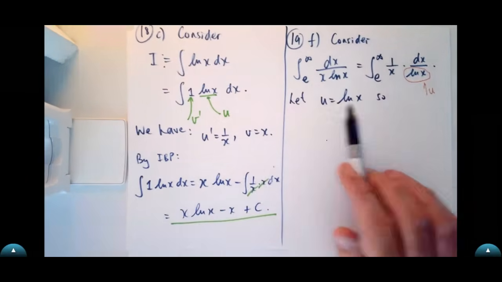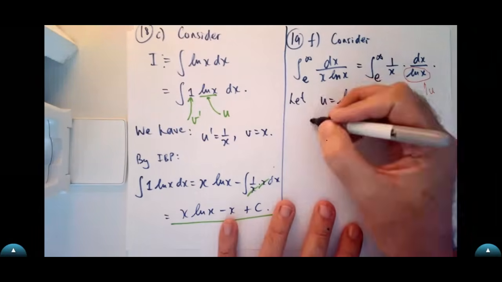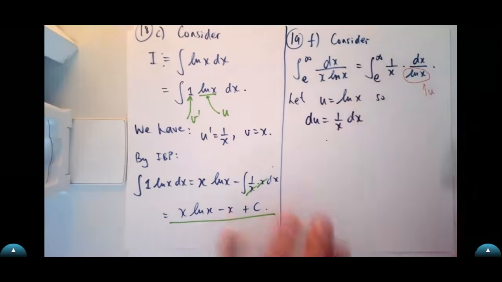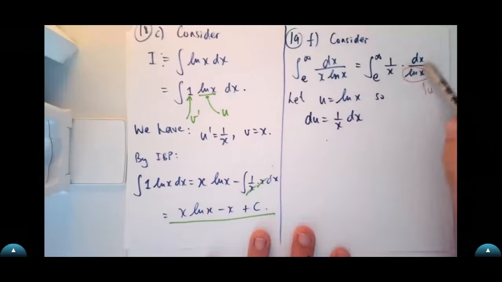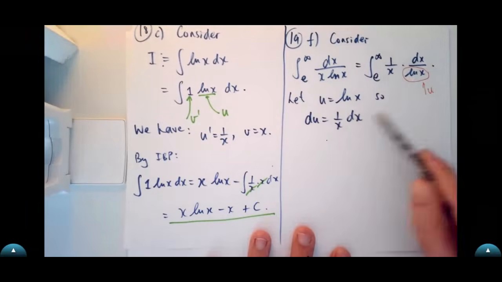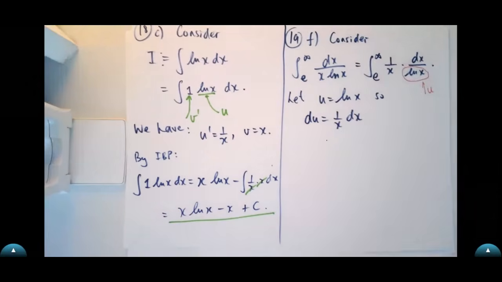So, like we did on the previous page, let's compute the differentials. You can see this part is exactly there, so we can actually replace 1 on x dx with plain old du.